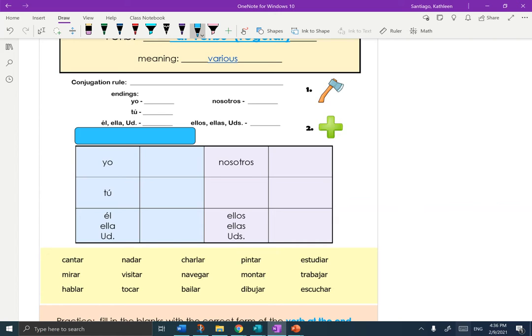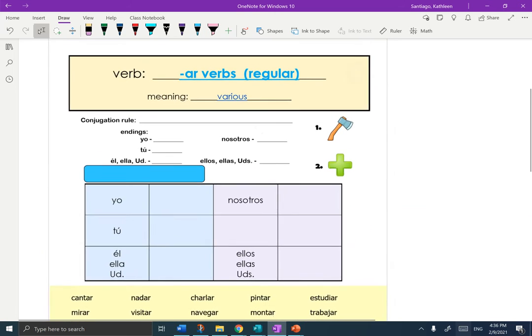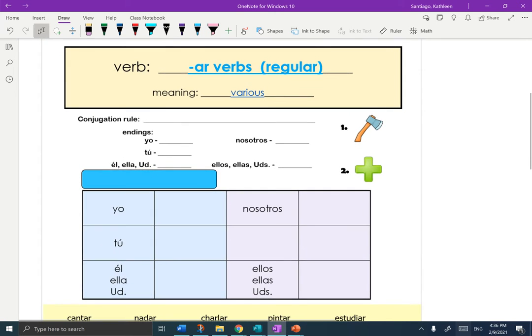So we have a variety of verbs that we can look at. So the meaning changes, because it depends on which ones you choose.